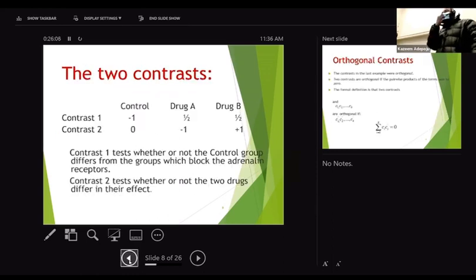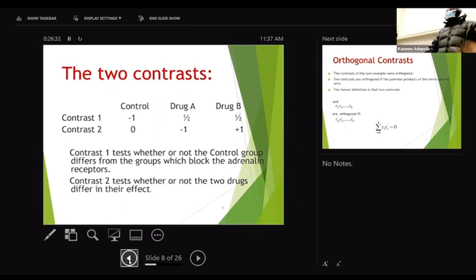We have three levels of the treatment we're comparing. The maximum number of contrasts we can construct is going to be 2. Why 2? That is the number of groups minus 1. It means I'm going to construct 2 contrasts for 3 groups.